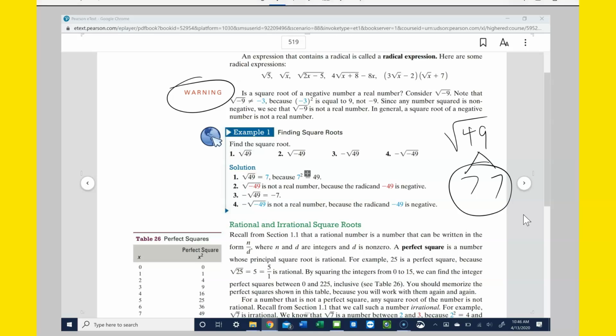Now number 3, the negative is not under the radical. So the square root of 49 is 7, but there's a negative number that follows it, on the outside, so the answer to number 3 is negative 7. The answer to number 4, because there's a negative number under the radical again, means that it's non-real.